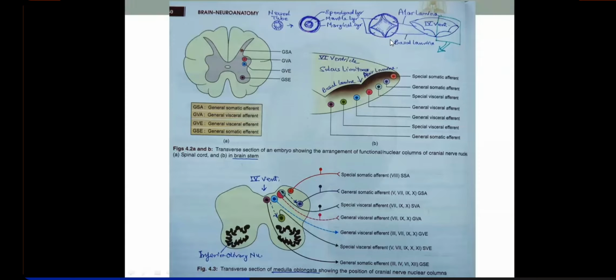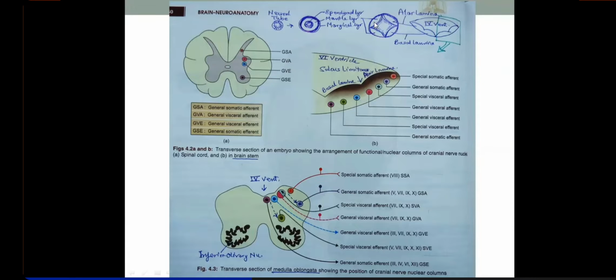So in a spinal cord, the efferent nuclei, the efferent functional columns, basically develop in the basal lamina. And the afferent nuclei or the afferent functional columns will be located in the alar lamina, right?